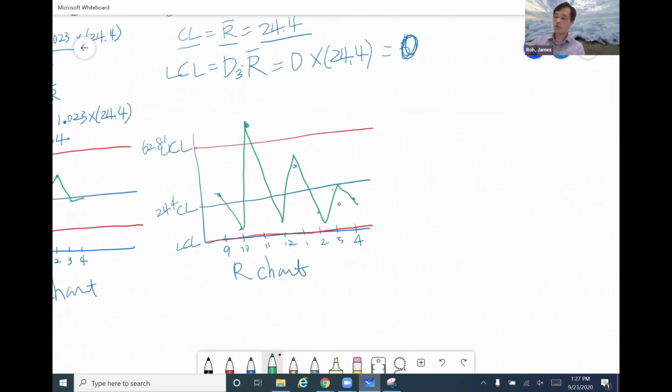So this is going to be your R chart, and clearly I see that this is not good, out of bounds, and also it's fluctuating too severely. So I'm not satisfied with R chart. And in conclusion, I would say this process is out of control because R chart is not stable.